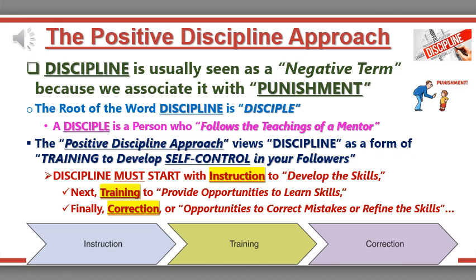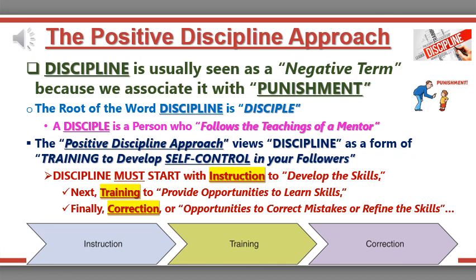So discipline has to start, and you'll see the graphic at the bottom, with instruction, move to training, and then correction of bad habits to refine the skills that were taught in your instruction. So let's talk about that. Discipline starts with instruction. The instruction is where you teach the skills.